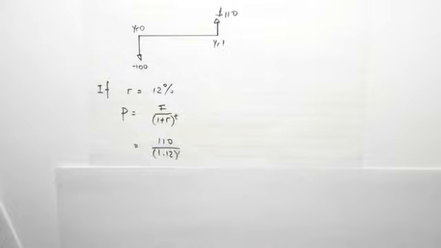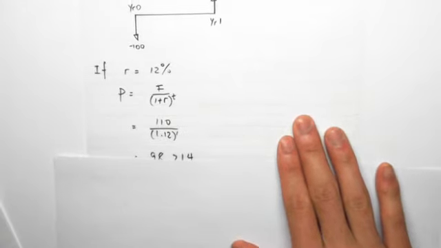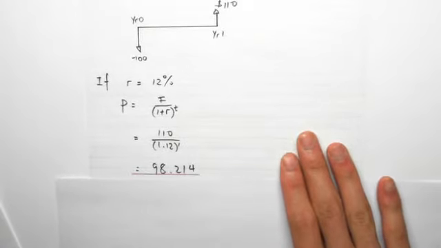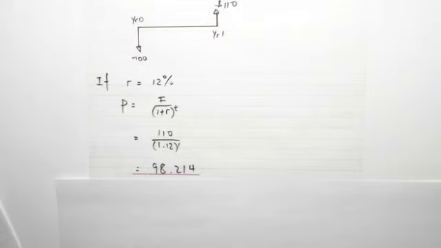So we put in the calculation and we find out that our value is $98.21. So therefore, our $110 that we'll get in 1 year will only be worth $98.21 now. So obviously you will not pay $100 for this deal.